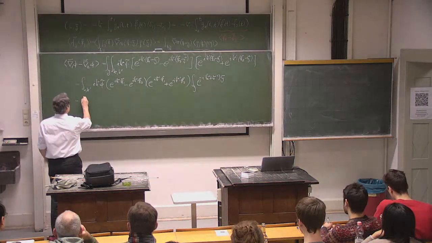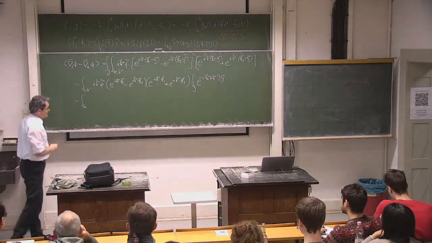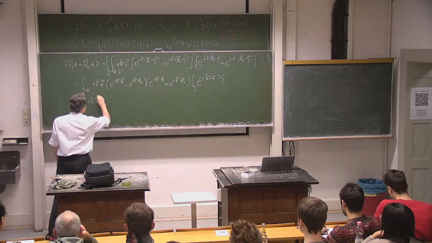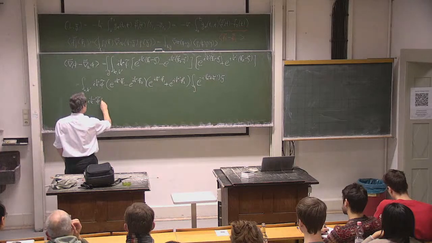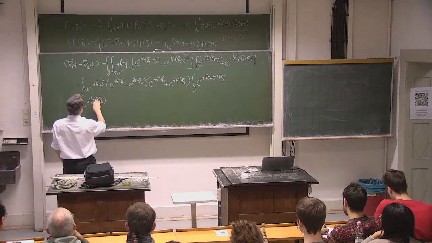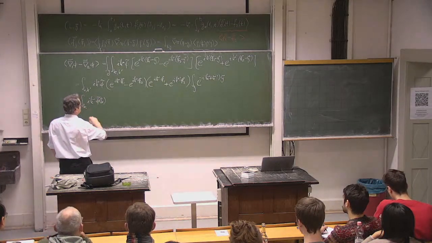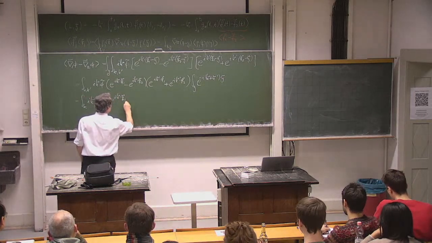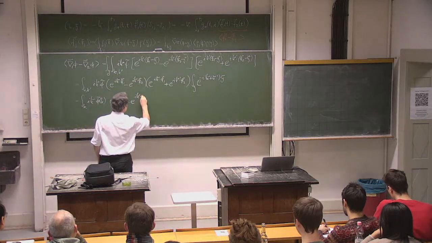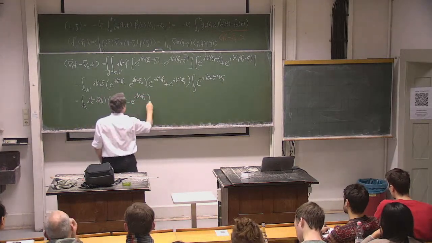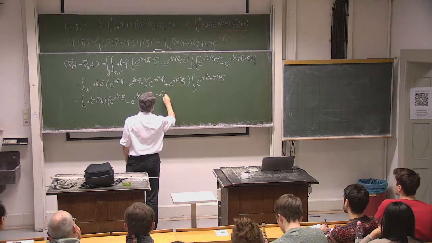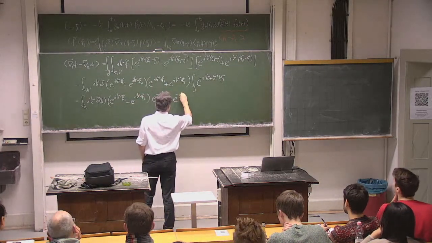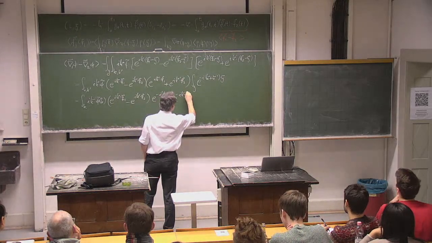In other words, I can write this as a single integral of ik times phi tilde. This is a phi tilde of k, of course. Sorry, k times phi tilde of k. e to the ik q1 minus e to the ik q2, e to the minus ik times q1 plus e to the minus ik times q2.